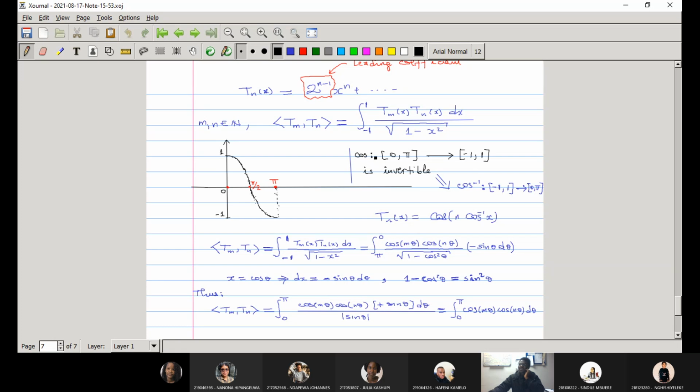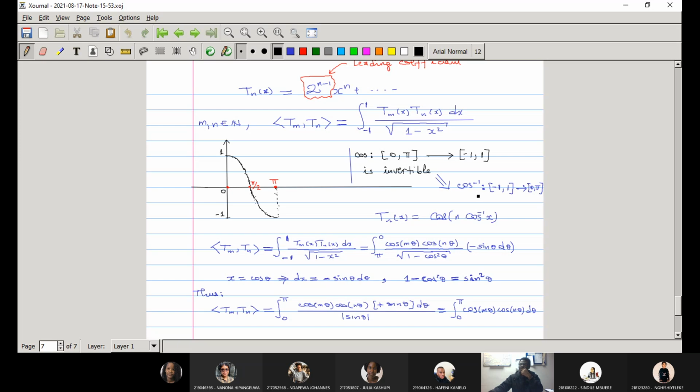Okay, so this is the interval on which cosine is defined to be invertible. So you always have a one-to-one map from 0 to pi onto negative 1 to 1, that interval. You have a one-to-one restriction, and that's why you define your inverse.